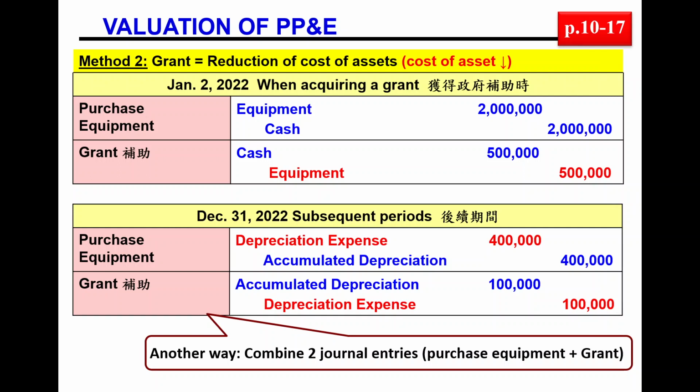So that's how we got the result for our second method. No problem? So depreciation expense, when we report the situation on our financial statements, okay? What's your depreciation expense? Here, $400,000, right? But here, decrease $100,000. So totally, you have depreciation expense of only $300,000.